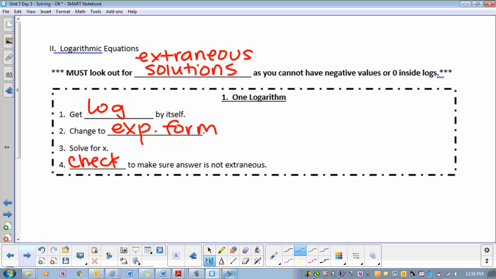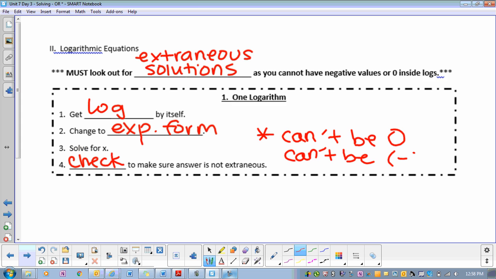And lastly, you want to check to make sure that the answer is not extraneous. Remember, make a note if you need to. Can't be 0, can't be a negative inside the log. I'll show you what that is.